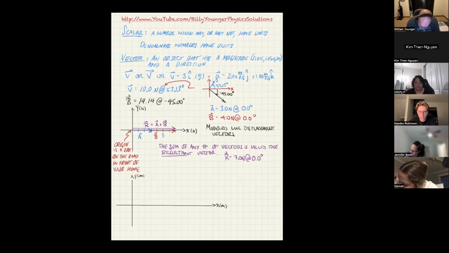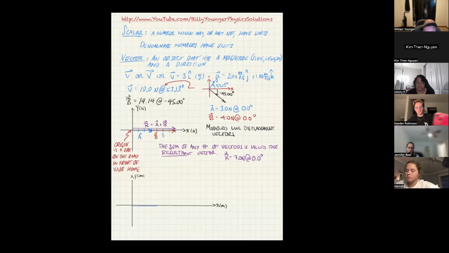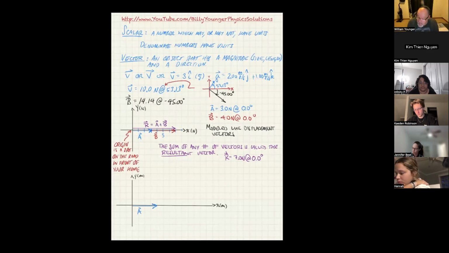So if I take my first vector and I draw it as something that goes from the origin to 4 spaces, that would be vector A. Now, if I add to that another vector, which again, I'm going to start it right at the head of A. So remember, this isn't going all the way back to the origin. So now I'm going to start another vector that goes all the way to here.